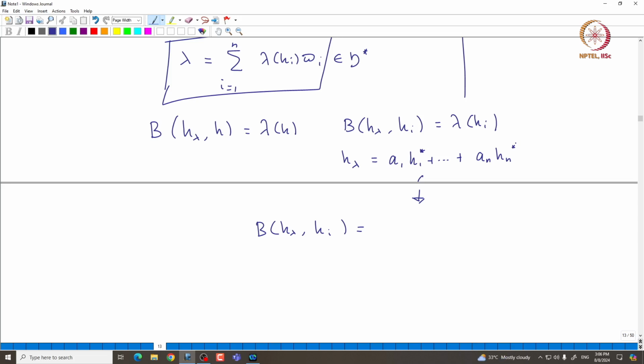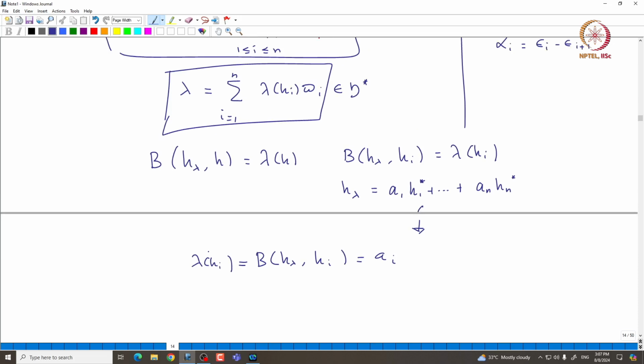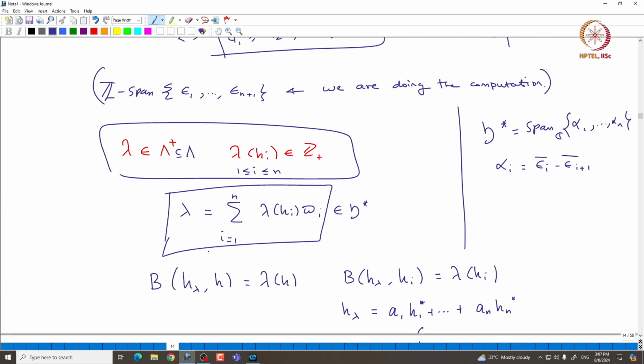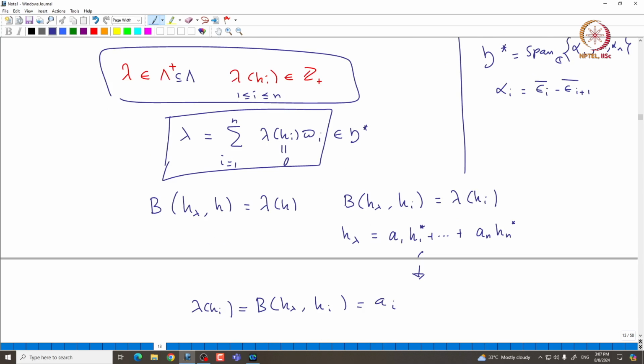Then it is easy to see that B of h lambda, hi is given by the ai. This is nothing but lambda of hi. So, this is the ai that you get when you write it in terms of omega i, and these are all non-negative integers.